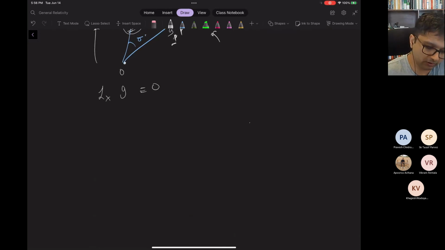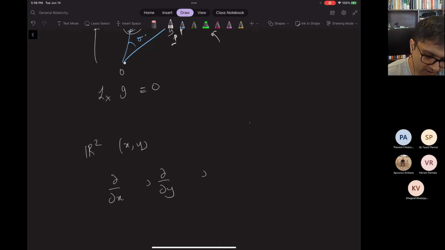With Euclidean coordinates, we've seen that the Killing vectors are partial x, partial y, and a rotation operator, which is minus y partial x plus x partial y. So a rotational Killing vector, which is this.